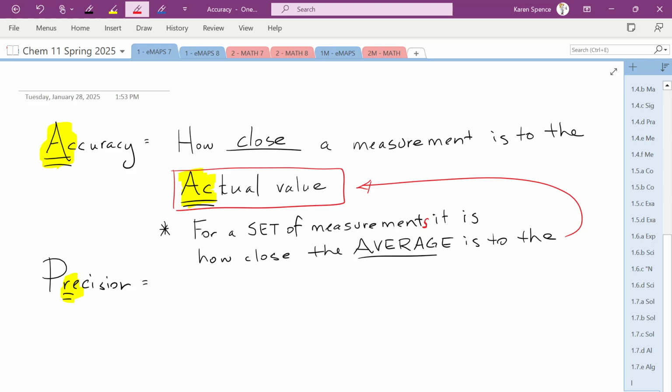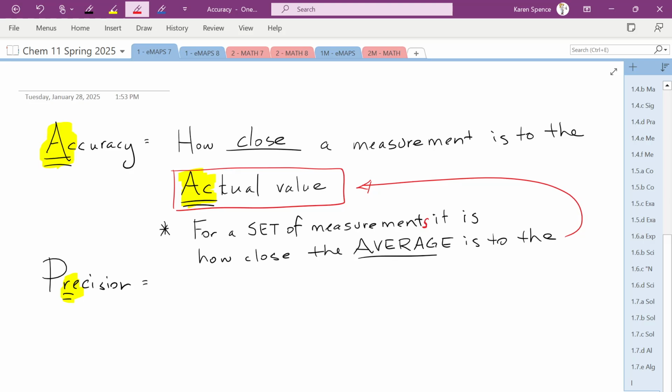Precision. Give you a minute to write that down if you want to write it down. Precision, anyone want to give me a definition of precision?